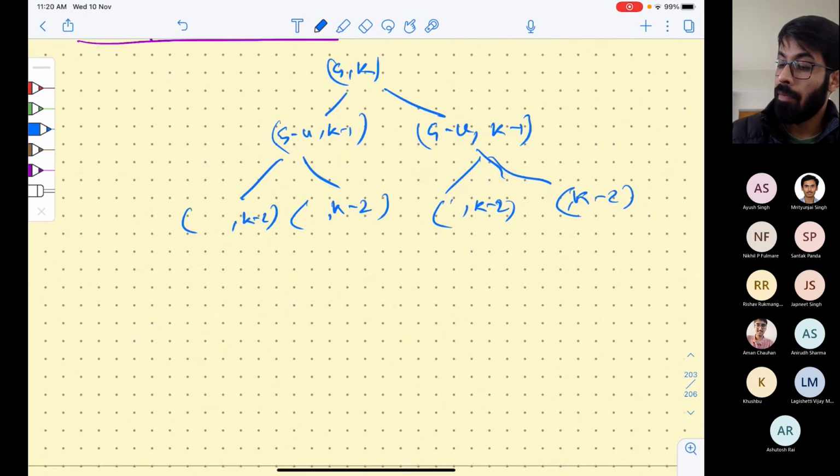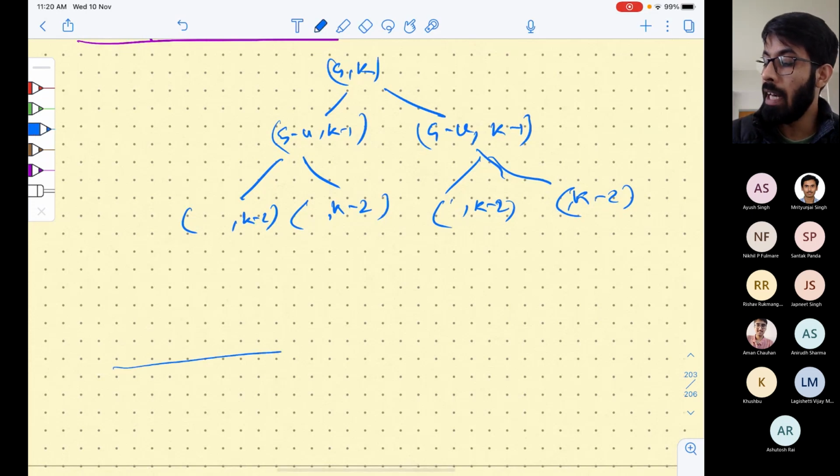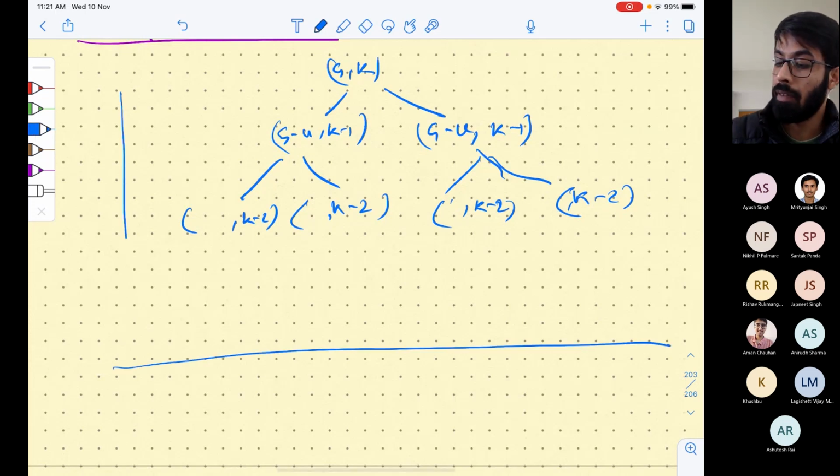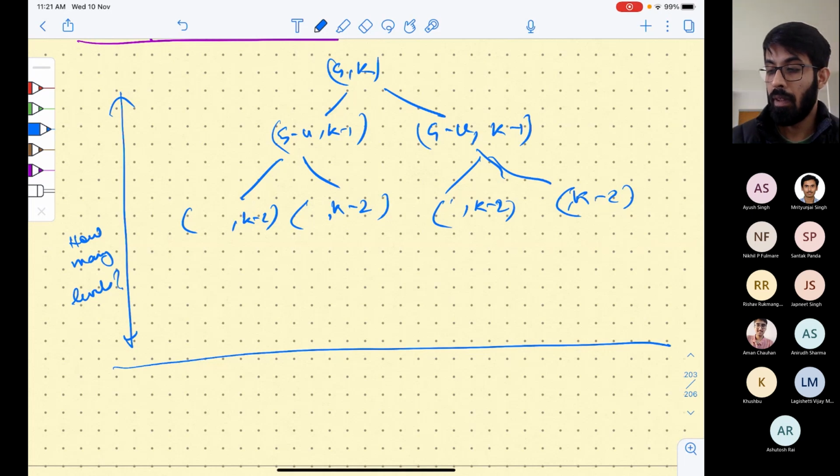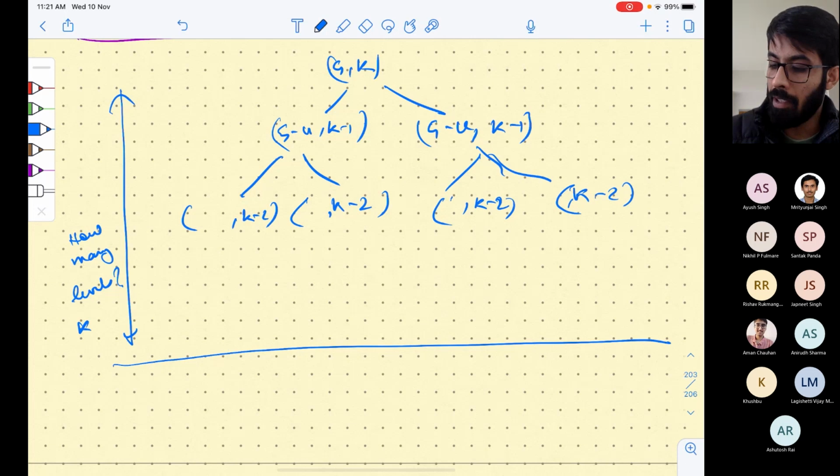Right? And where will this stop? How many levels can this tree have? Sir, k. k, right? k levels. Sir, should be minimum of n and k.